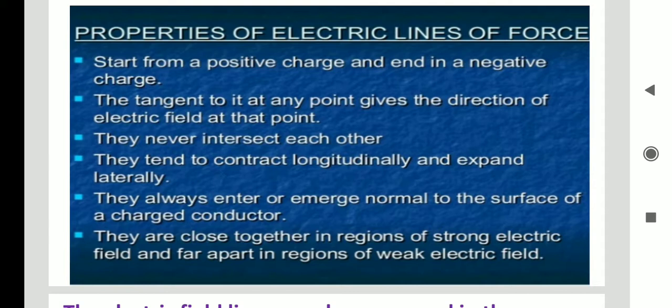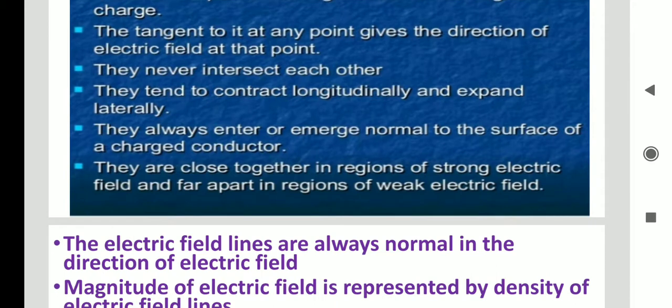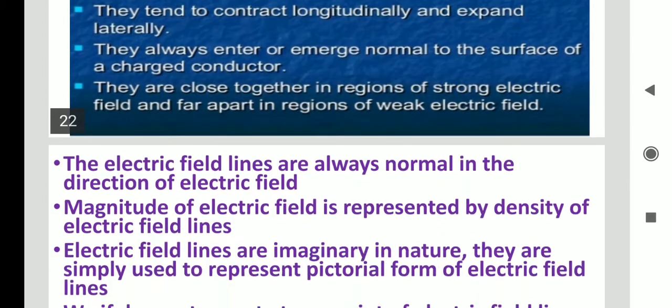They always enter or emerge normal to the surface of a charged conductor. They are close together in regions of strong electric field and far apart in regions of weak electric field.